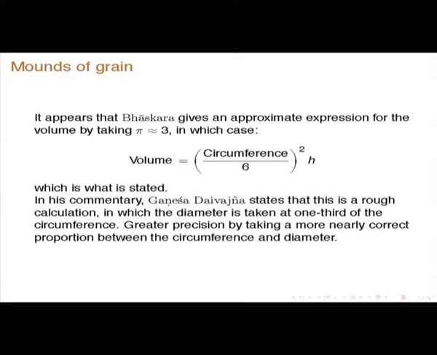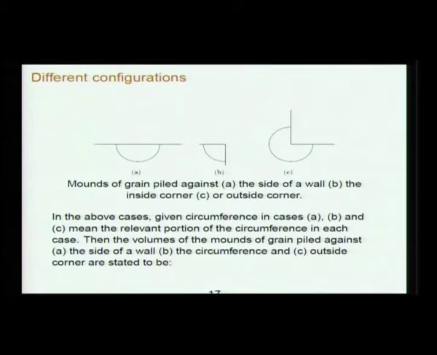Of course, in his commentary Ganesha Daivajna states that this is a rough calculation in which the diameter is taken as 1/3 of the circumference; greater precision is obtained by taking a more nearly correct proportion between circumference and diameter. This is for easier calculation, just taking the value of pi to be 3. Similarly you have different configurations, with grains against the side of a wall, so only half the circumference comes into the picture.